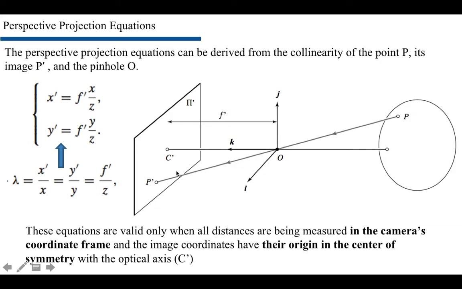And the image coordinates have their origin in the center of symmetry with the optical axis C prime. This is the center of the image, and then they are projected from one side to the other.